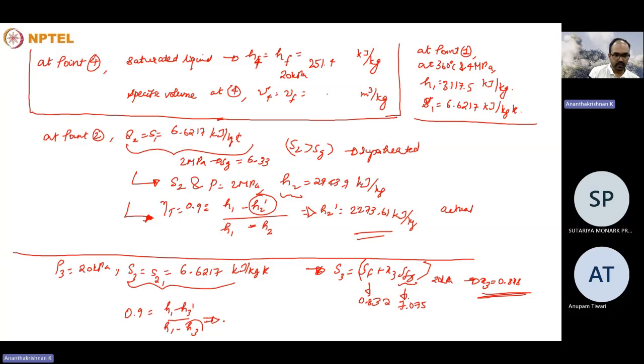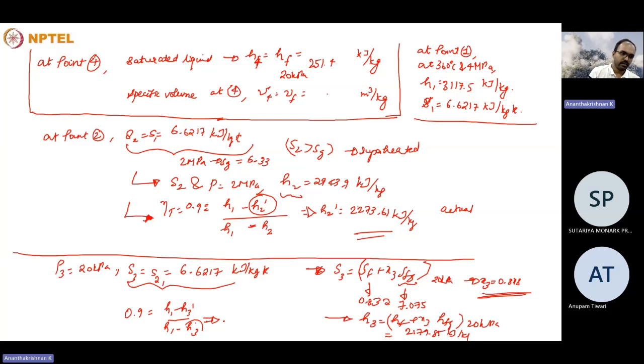Since we know the value of S3, we can calculate H3. H3 is equal to HF plus x3 of HFG. So at 20 kilopascal, the value of H3 will be equal to 2179.85 kilojoule per kg. This is the ideal value, right?